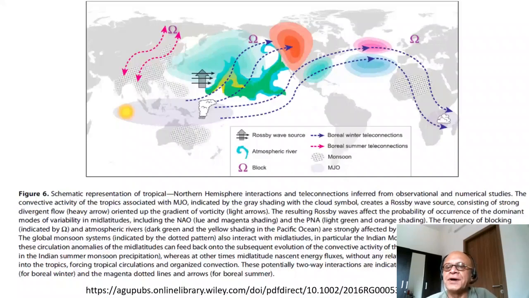I don't know what else to say, but you can see that this teleconnection goes all the way from the West Pacific down here into the Indian Ocean region, where the genesis of the MJO happens. So you can see how the teleconnection goes deep into the extratropics and comes back into the tropics.